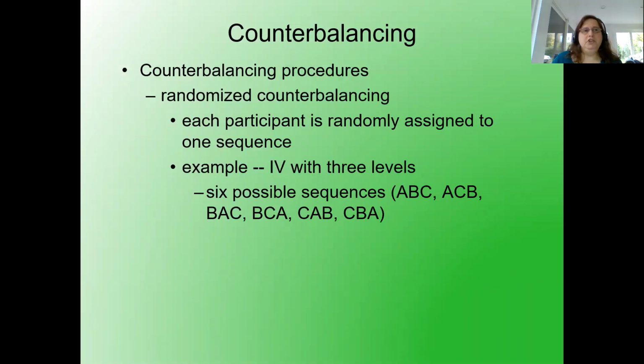So one thing we could do is what's called randomized counterbalancing. Okay. Now, in this case, each participant is randomly assigned to a sequence. So if you have an IV, an independent variable with 3 levels, there are 6 possible sequences, right?